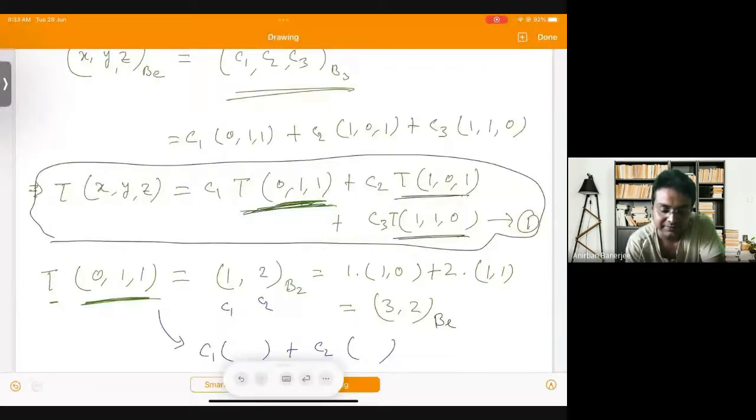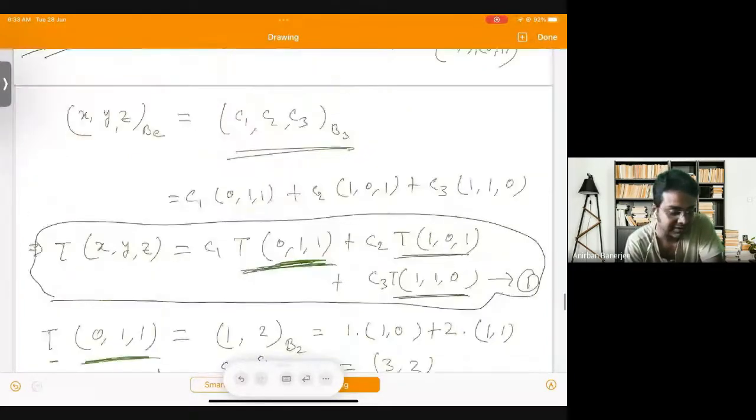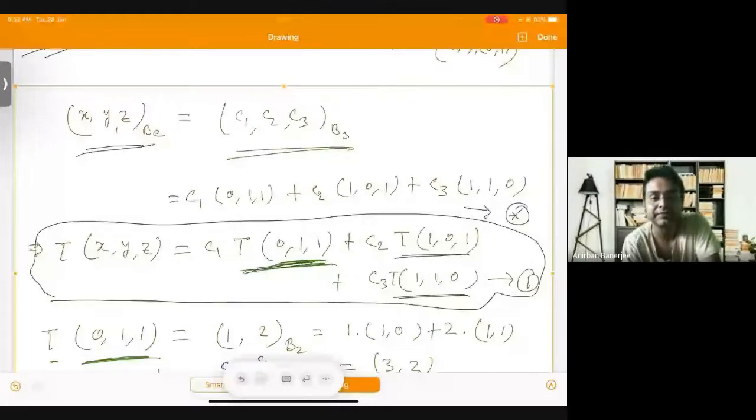Because here we have this x, y, z in the standard coordinate system, and let's give this first equation the number star.